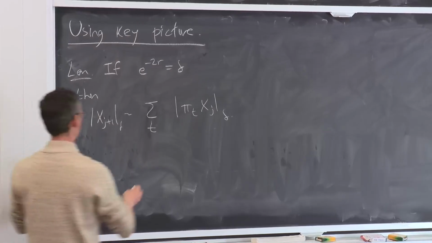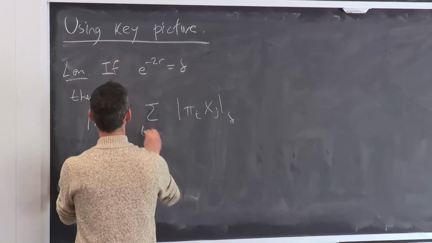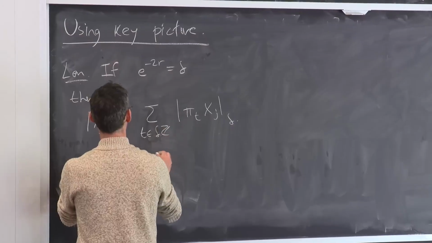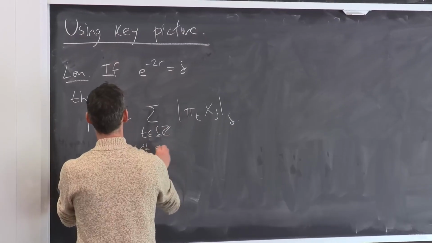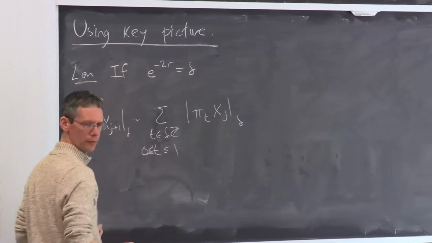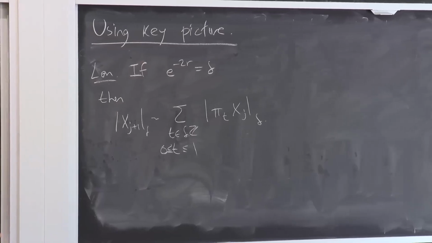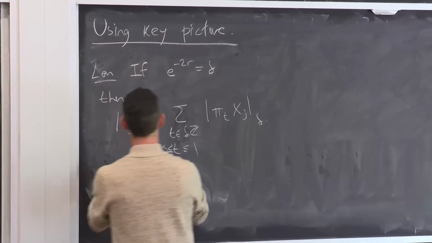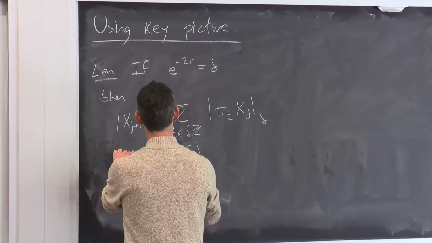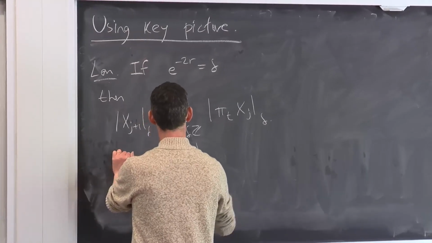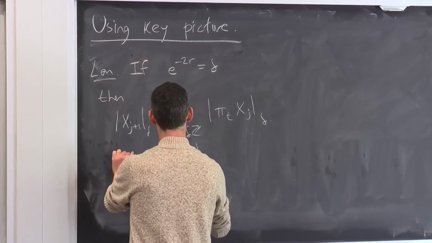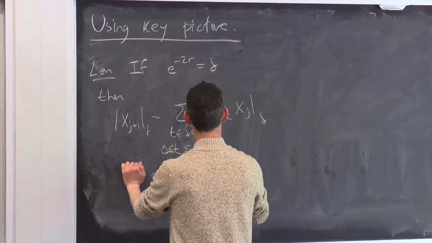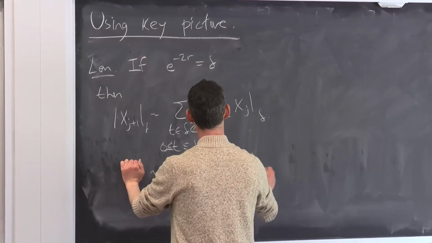And which t's do we sum over? The t's are in delta Z, and t goes from 0 to 1. We can also write this as delta inverse times the average over t between 0 and 1 of the delta covering number of pi t of xj.